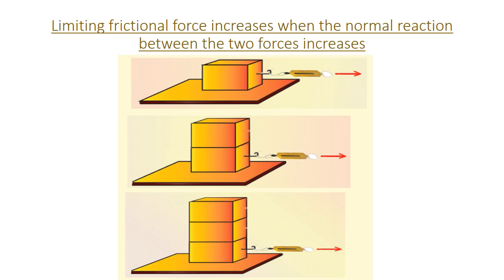Finally, you can see that the required force to move this object is different in each step. That means when the weight is increased, the required force is also increasing. You can note that on the Newton balance.